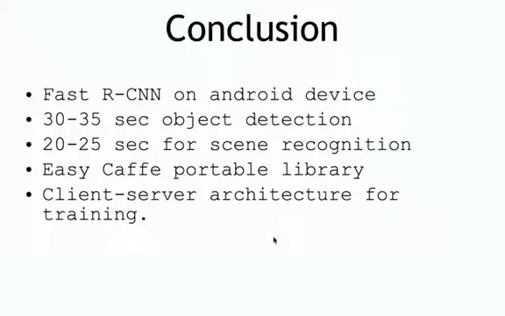It's a very portable Caffe library, and for future use we can utilize this application as a client-server architecture, where we can click new images from the application and send them to the server for fine-tuning the new images with the pretrained model, so that a dataset will be created from the newly clicked pictures, which can contribute a new dataset to the deep learning community.